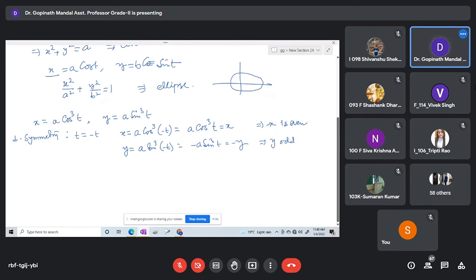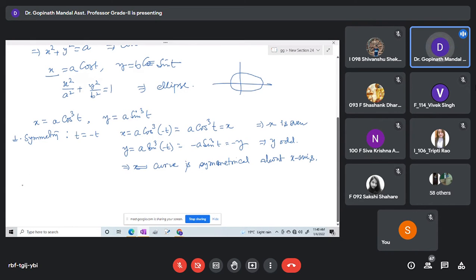So y is odd. That means the curve is symmetrical about which axis? The x axis.